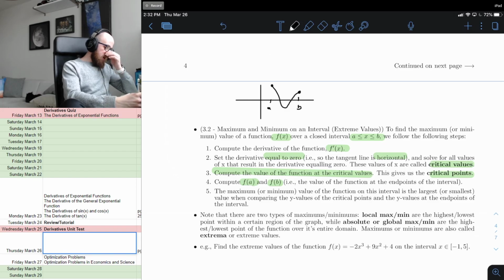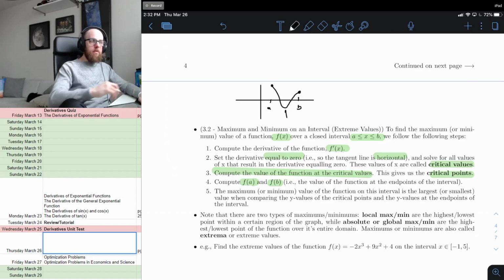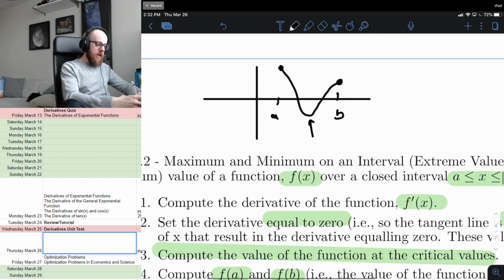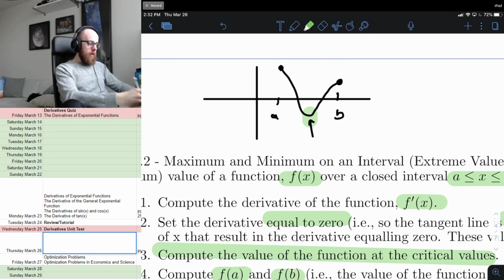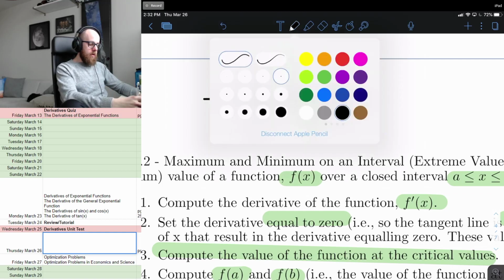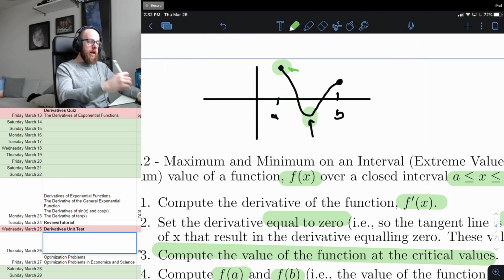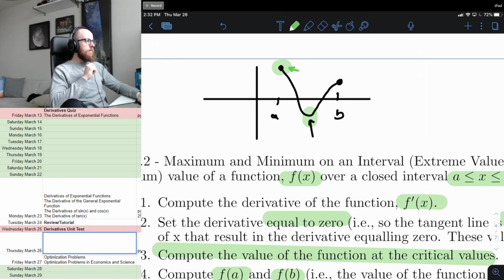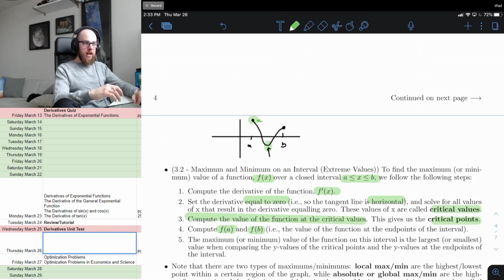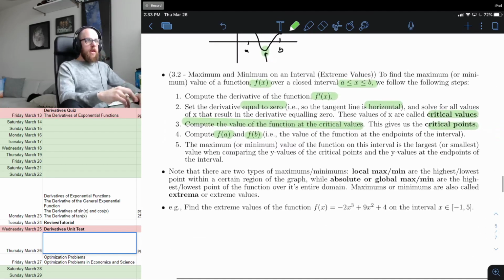So notice here that the only point where the function will have a slope of 0 is at this minimum value right here. However, the maximum value will actually come from the point on the end, the endpoint, f at a. So that's why we also have to compute the value of the function at these points. I think this will all make a lot more sense once we actually go through an example, but I just want to illustrate what's going on there.